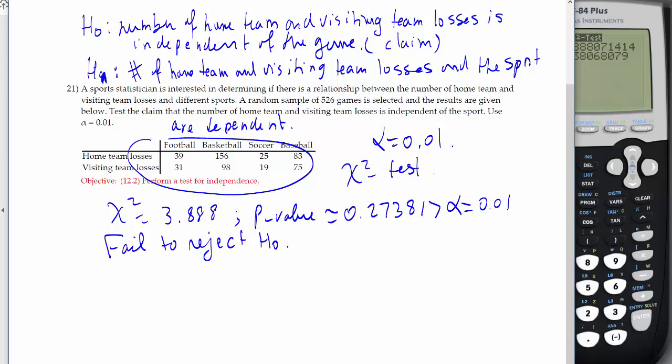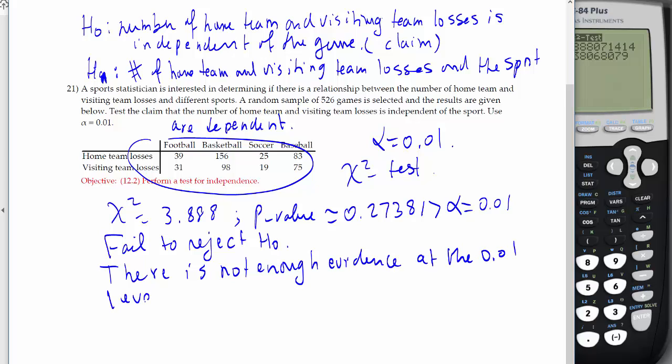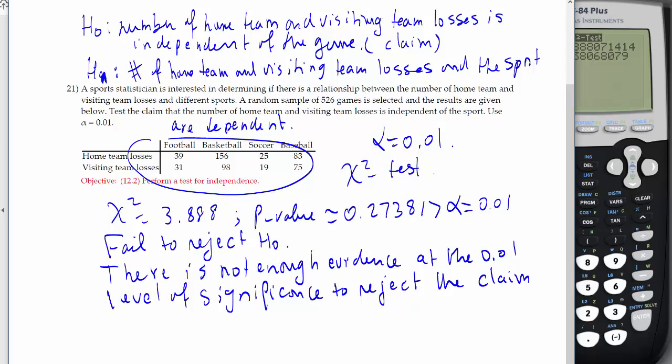Fail to reject H0, and the claim is in H0, so there is not enough evidence at the 0.01 level of significance to reject the claim that the number of home team and visiting team losses is independent.